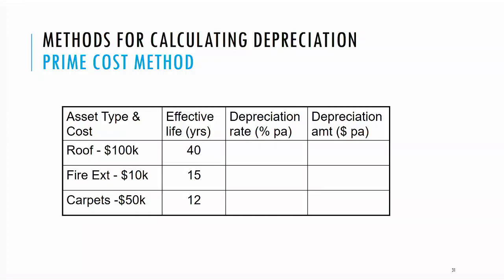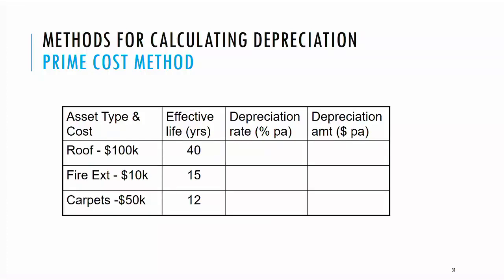Effective life is 40 years, so 1 divided by 40. So I calculated the per annum depreciation amount, which is 2,500. 2,500 is 2.5% of 100,000. You get it that way.